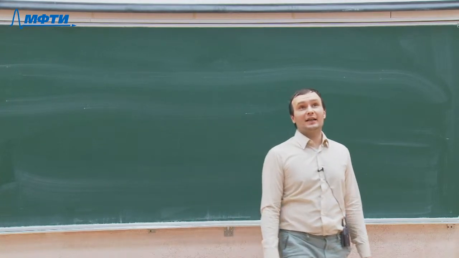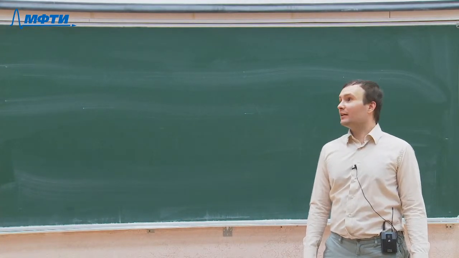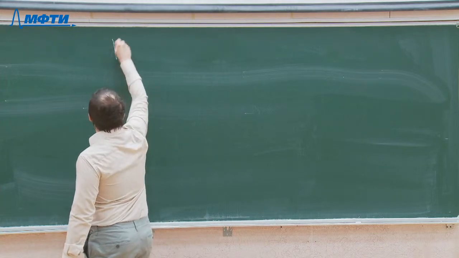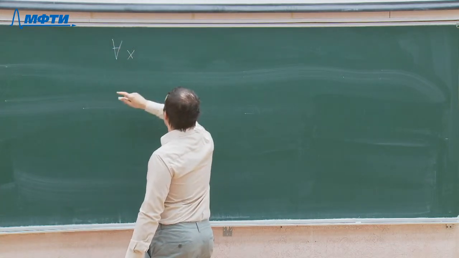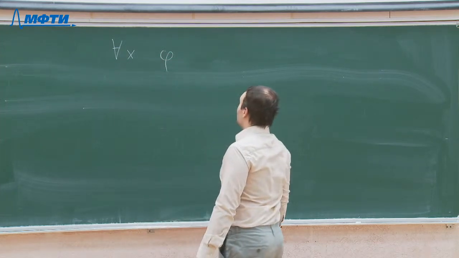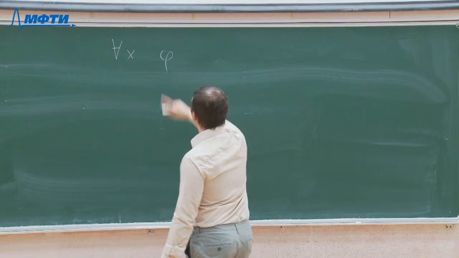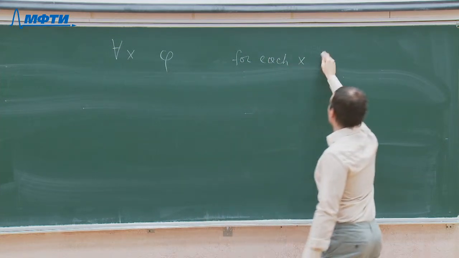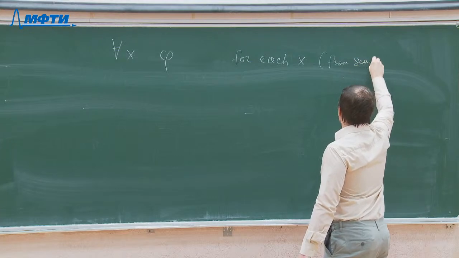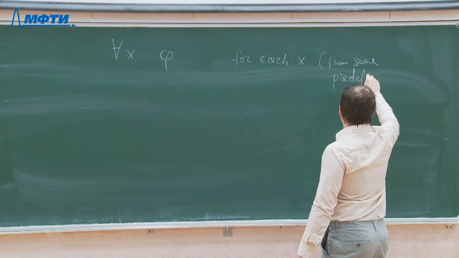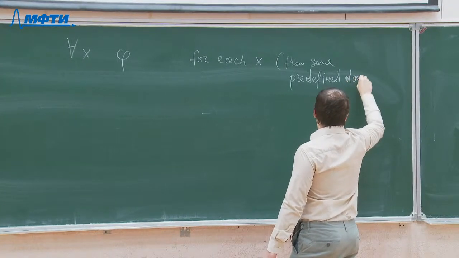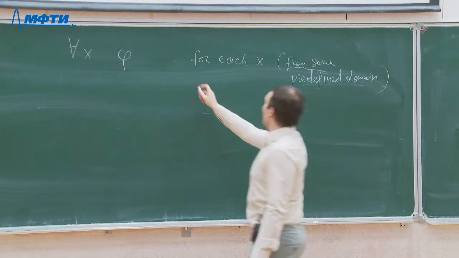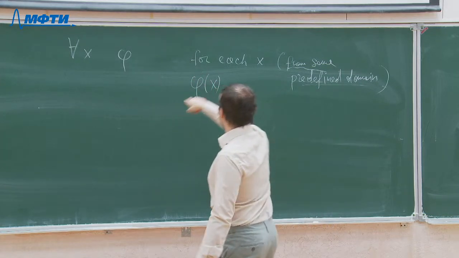Last time we discussed quantifiers. Among some others, the most important were the universal quantifier, which is denoted by such symbol, and which means that for each x from some predefined domain, the property phi holds.